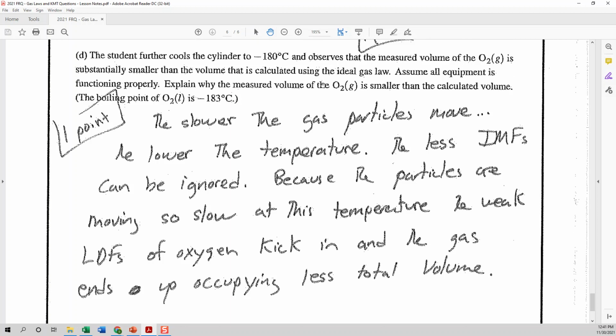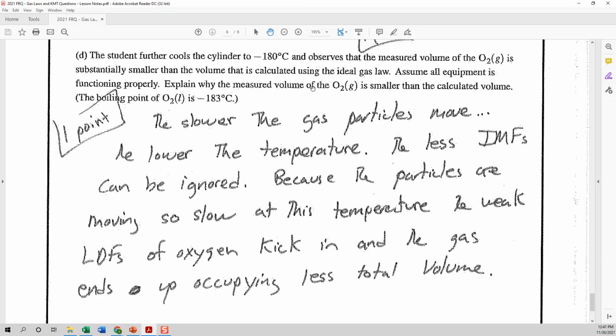If this had been a very high pressure and oxygen wasn't behaving according to the ideal gas law, then you would say it's because you can't ignore the particle volume anymore. But because we're talking about low temperature, why do gases deviate from ideal conditions? It's because the lower the temperature, the more inelastic their collisions become, and the more intermolecular forces start to come into play.